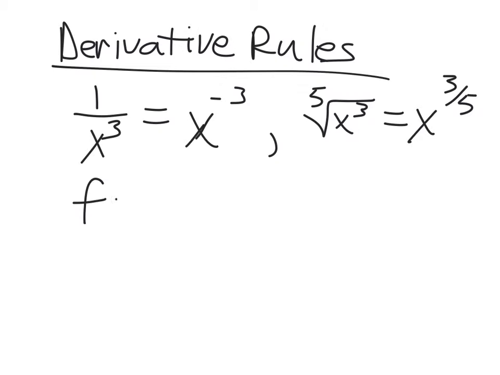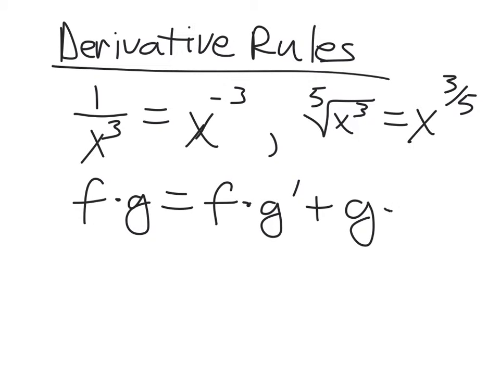I'll just kind of show you in general. Product rule is what? First times the derivative of the second plus the second times the derivative of the first. Okay. So the first times the derivative of the second plus the second times the derivative of the first. Now, the order on this really doesn't matter.